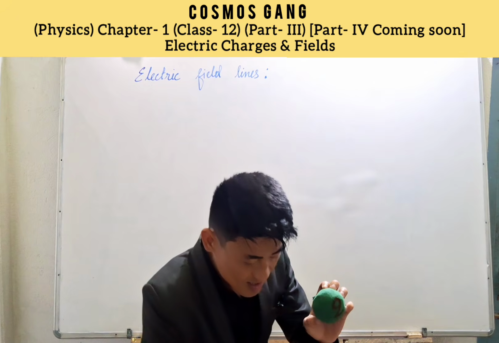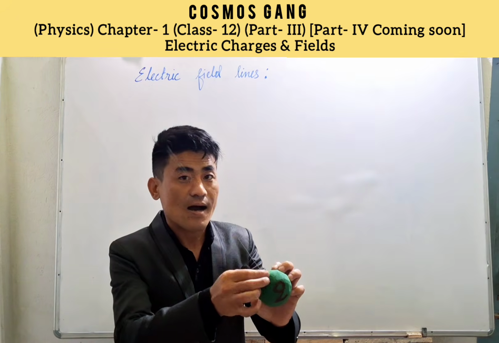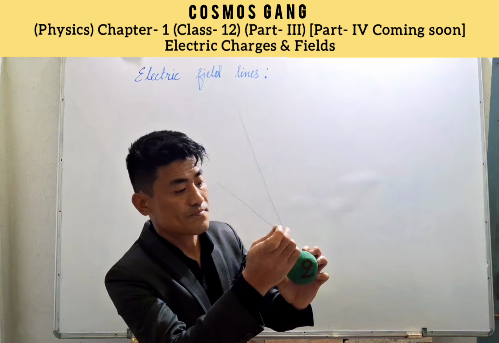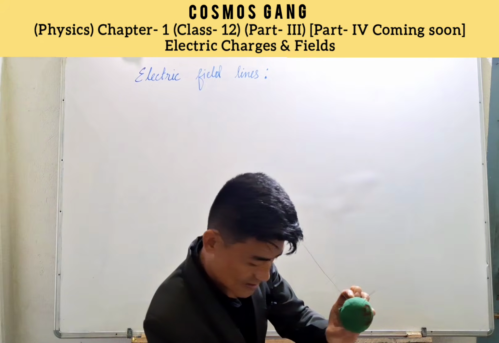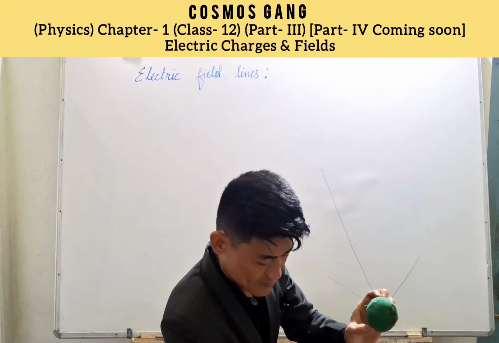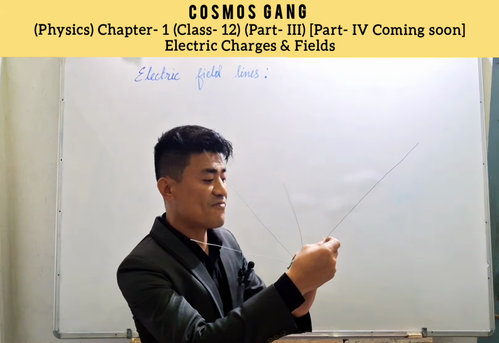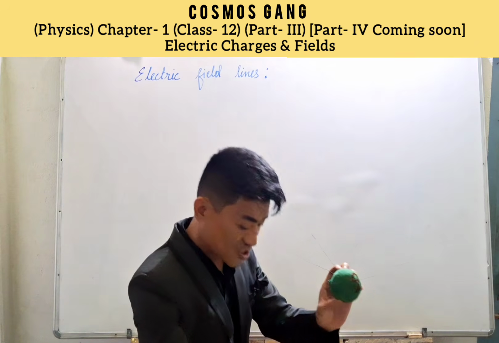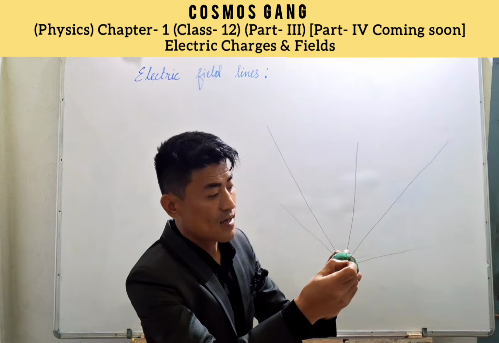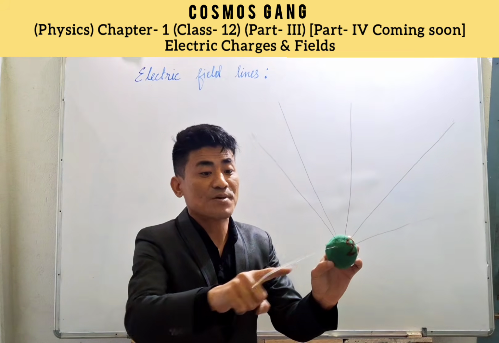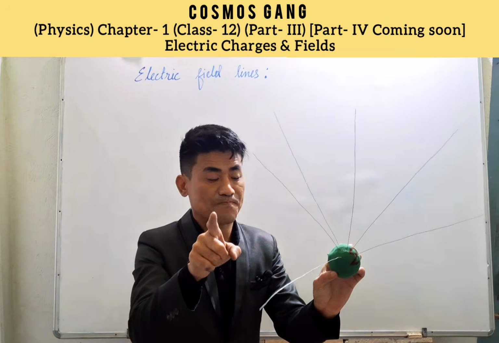For example, let's take this. Let's say these are the electric field lines coming out from the charge, and these lines represent the electric field lines.